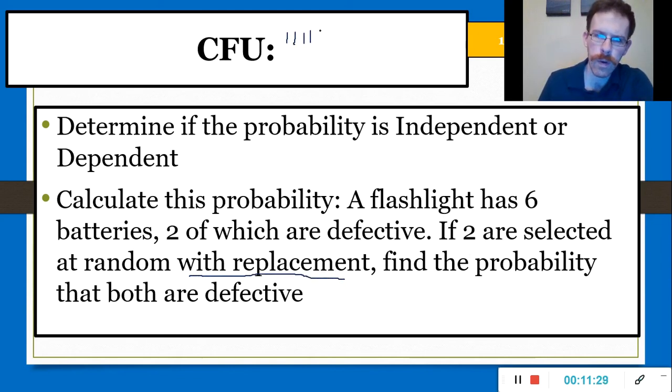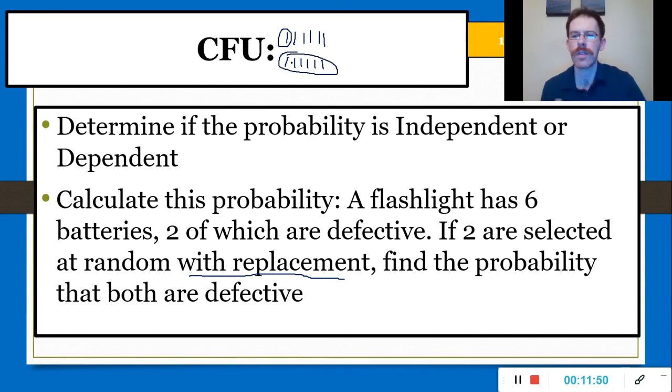If I have 6 batteries, 1, 2, 3, 4, 5, 6, and I select this one, but I don't replace it, there would be only these batteries left to select, and that definitely changes your probabilities. That'd be dependent. But since I replaced the battery, all 6 original batteries remain, therefore my probabilities are independent.